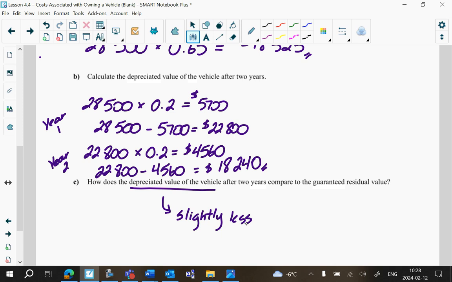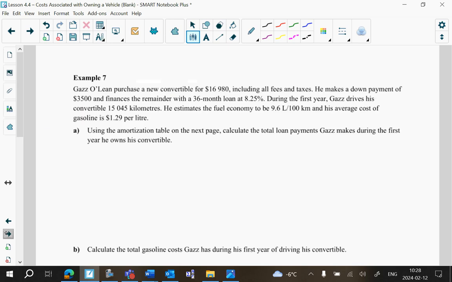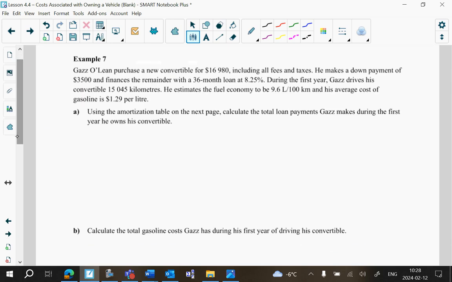All right, this is kind of funny. Gaz purchases a new convertible for $16,980. Wow, that's pretty cheap, including all fees and taxes. He makes a down payment of $3,500 and finances the remainder with a 36-month loan at 8.25%.